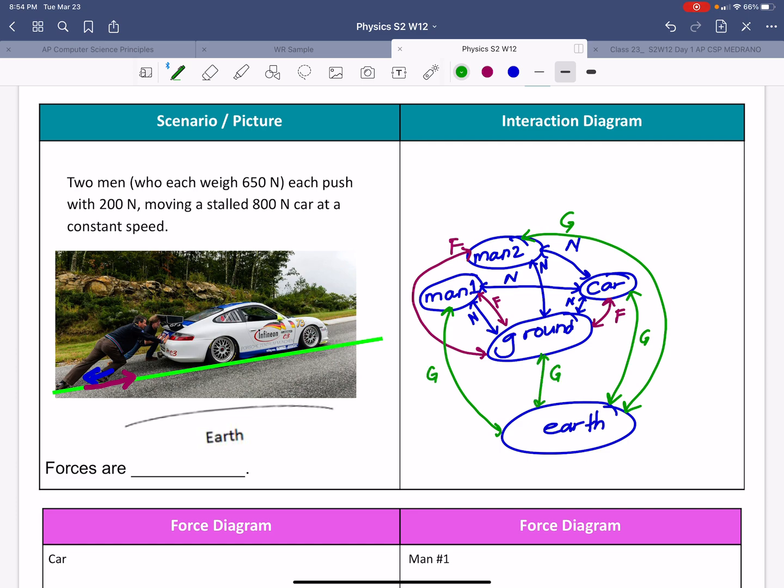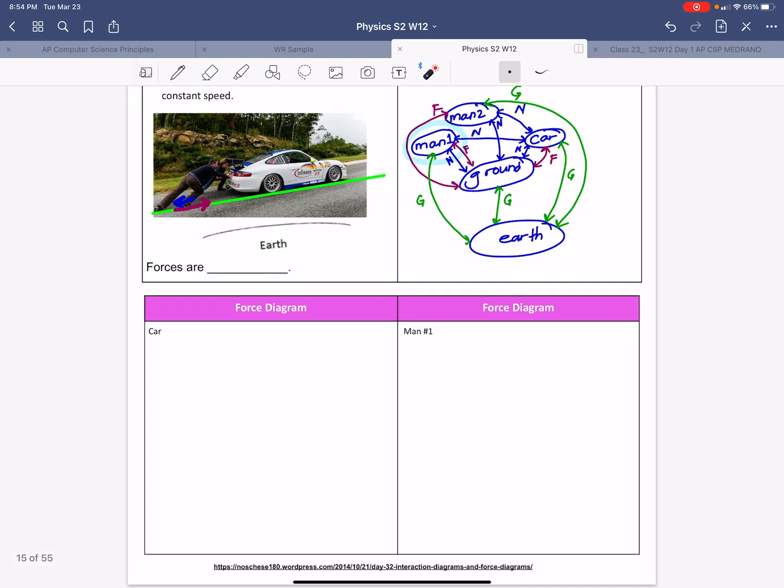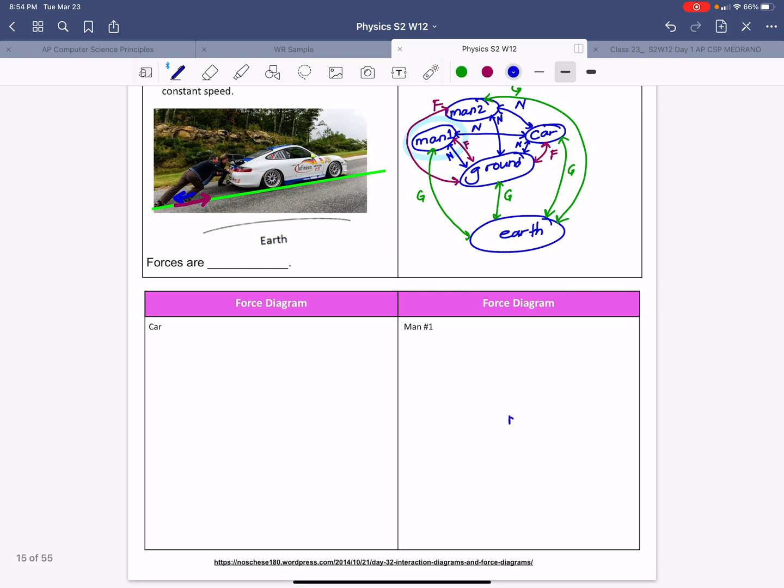All right, so now let's go ahead and take a look at man 1. And we see that he has 1, 2, 3, 4 interactions, so we'll go ahead and draw those interactions. So we have the man, and of course, he's interacting with the force of gravity.